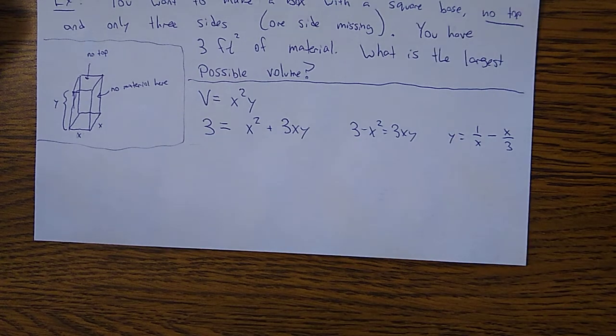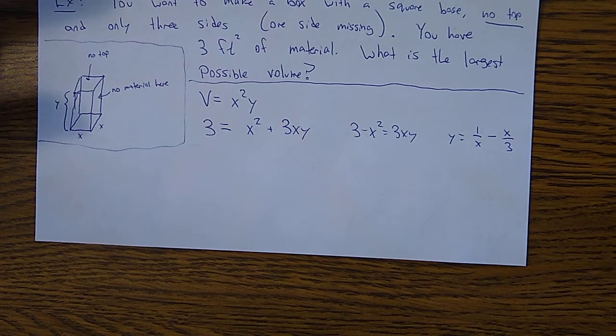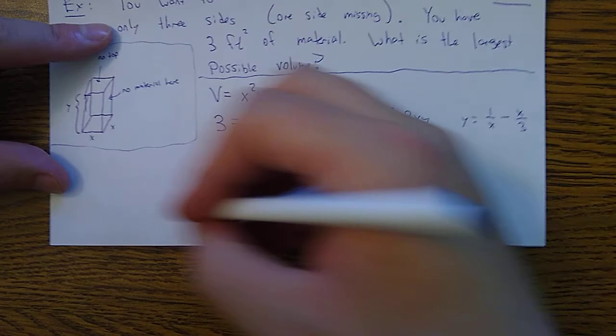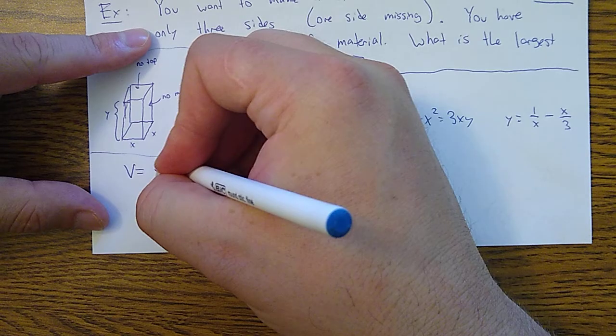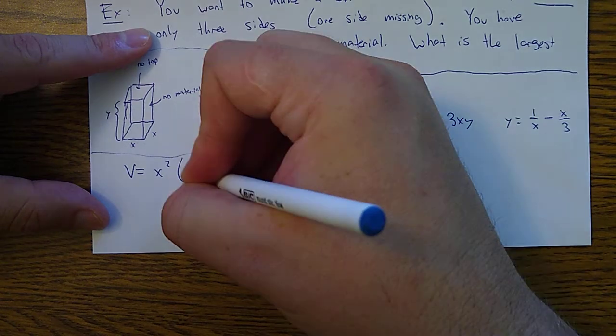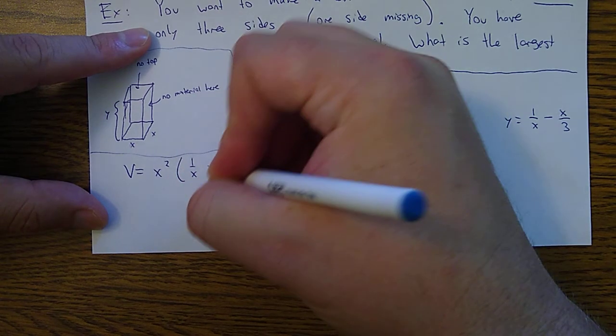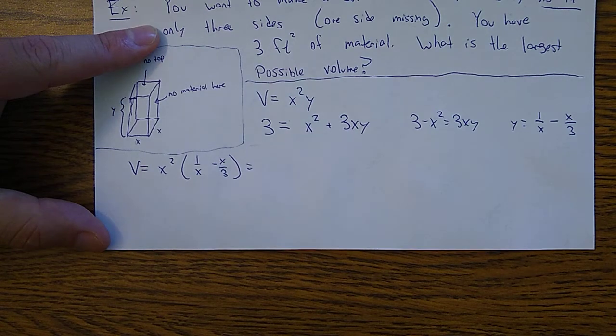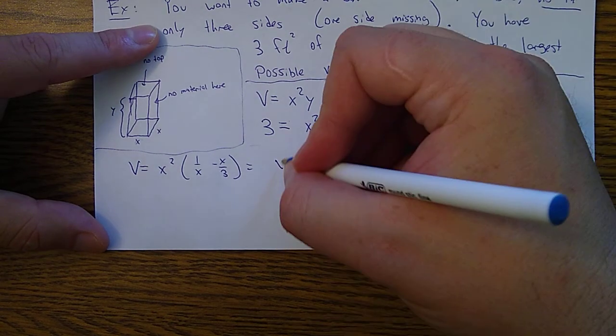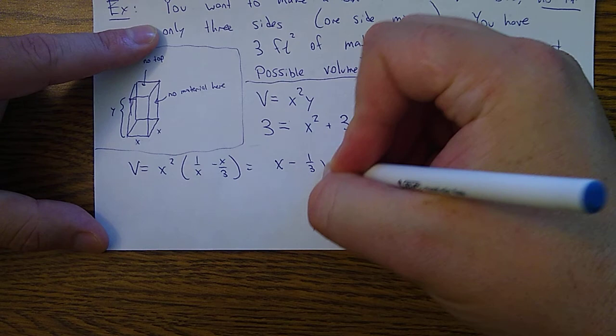So I'm going to plug that in. So V is x squared times this. Let me simplify. So it's x minus 1/3 x cubed.